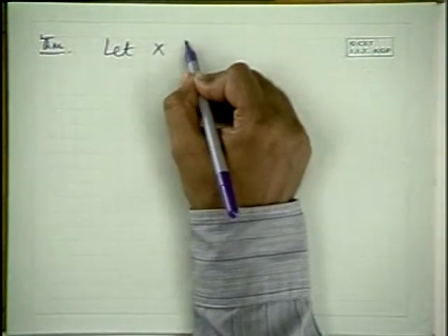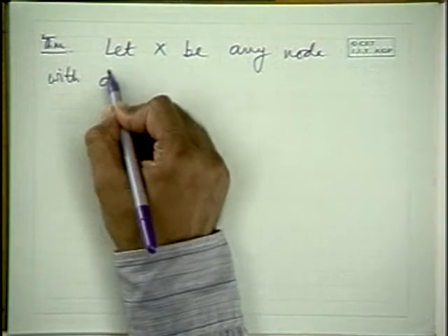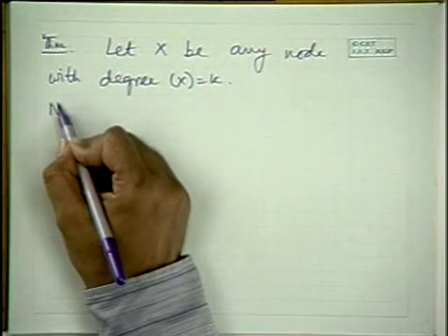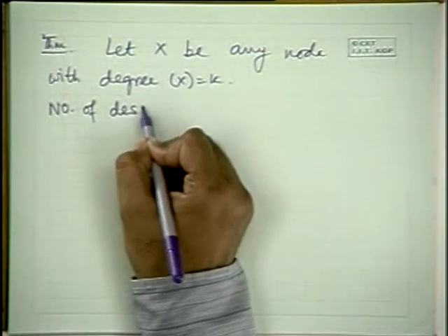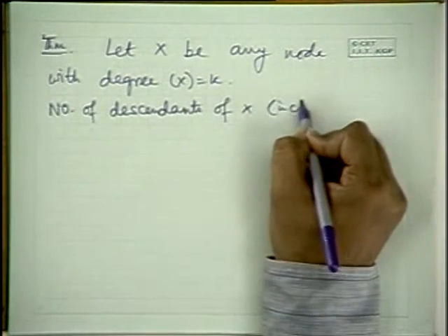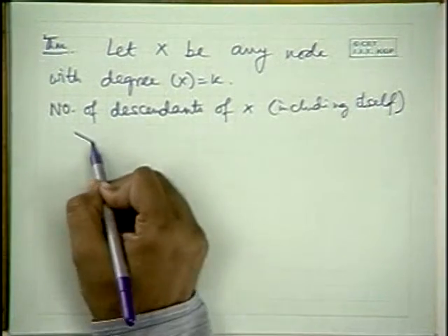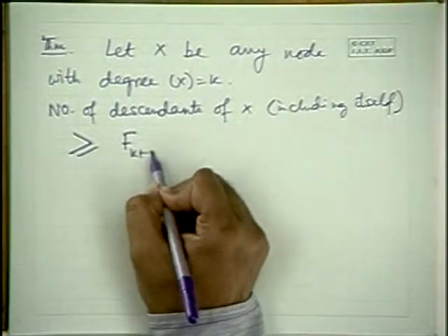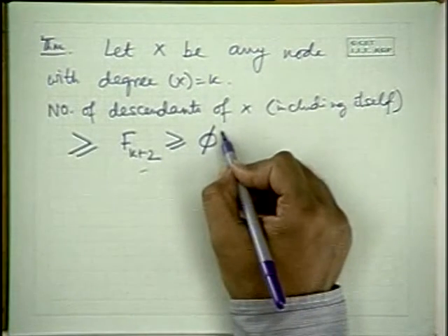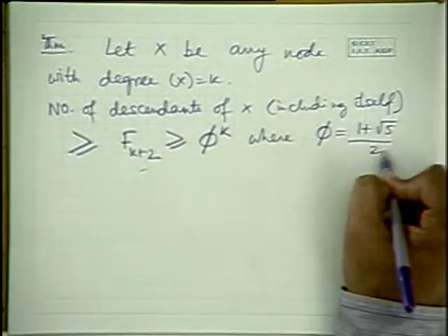Let X be any node with degree of X equal to k, then the number of descendants of X including itself is greater than or equal to F(k+2). This F(k+2) will be greater than or equal to phi to the power k, where phi is (1 plus root 5) over 2.